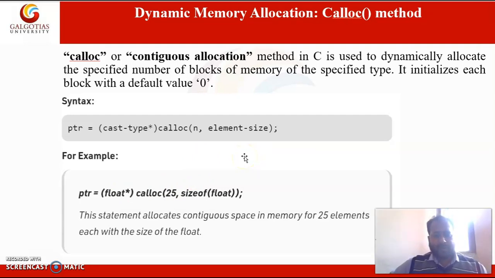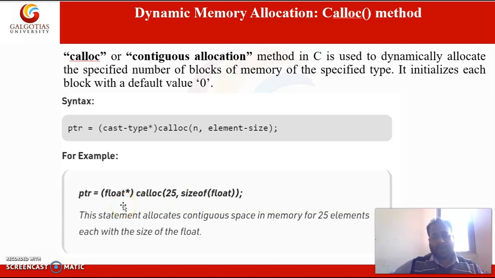So here in the example you can see we have a pointer variable which can store 25 values of float data type. So it will store 200 bytes. It will allocate 200 memory bytes upon successful completion of this code.